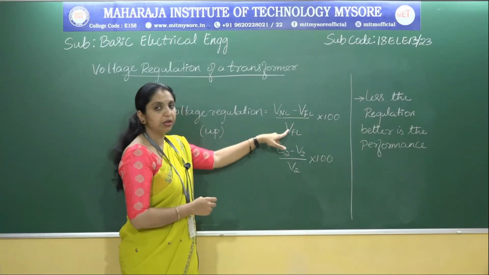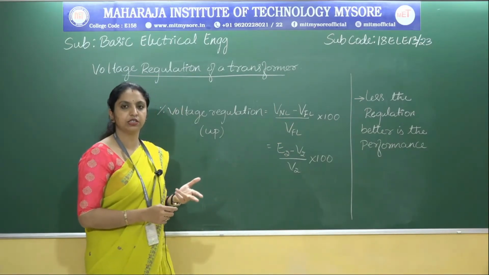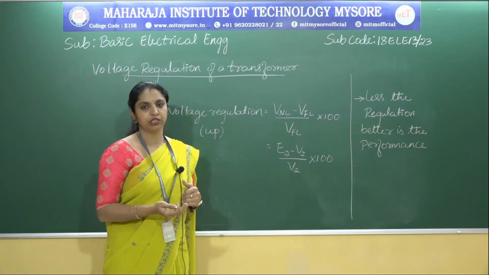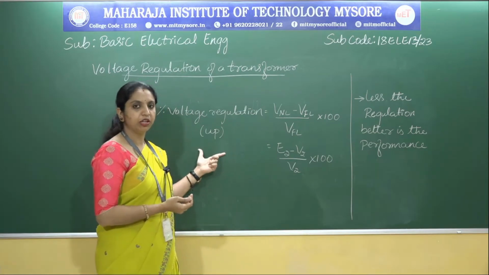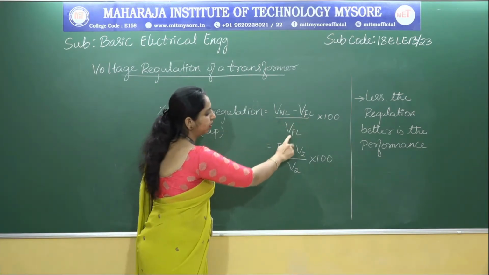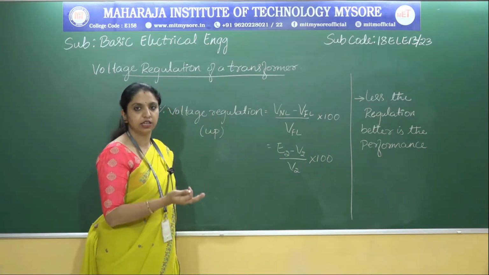Remember, this is meant for up regulation. There are two types of voltage regulation: up voltage regulation and down voltage regulation. In up voltage regulation, we have VNL minus VFL divided by VFL. As I have told you, it is the change in the secondary voltage.